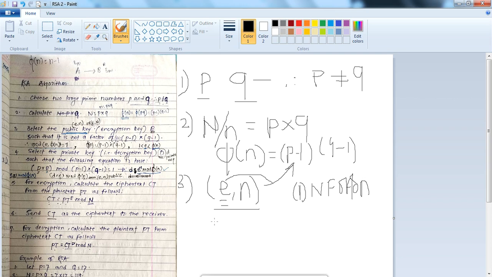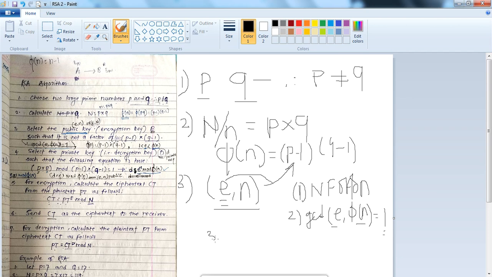Now the second rule: GCD of e and phi of n is equal to 1, means both are coprime, with GCD equal to 1. That is step 3.